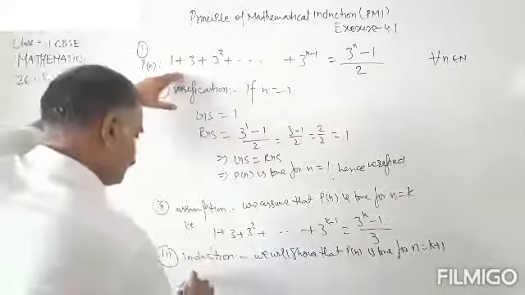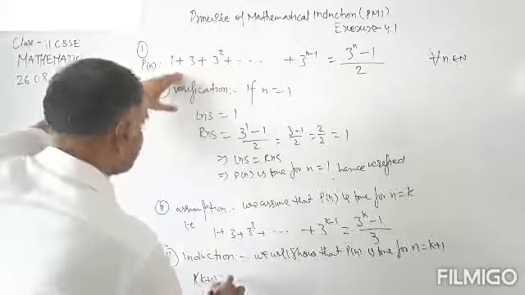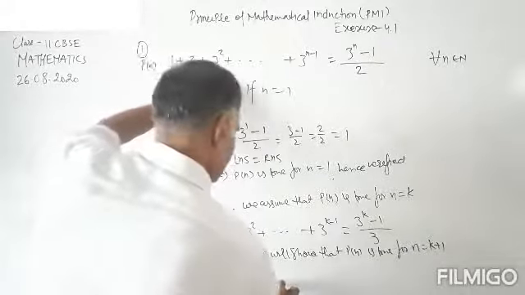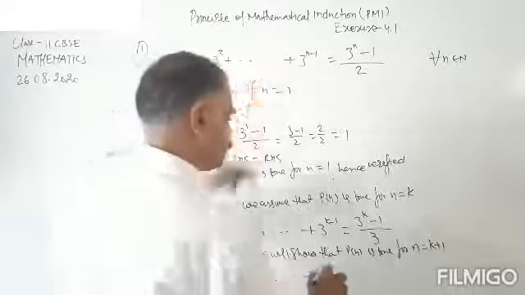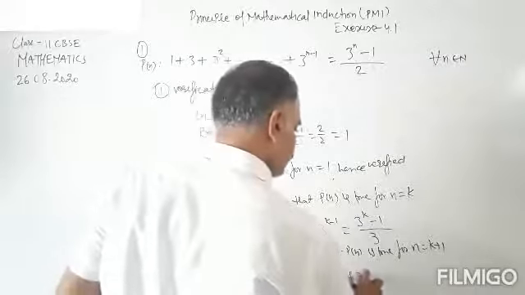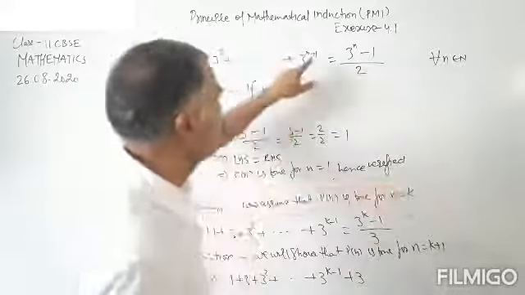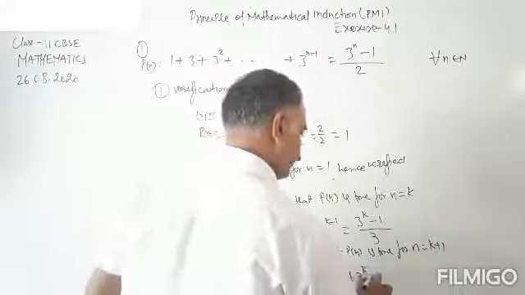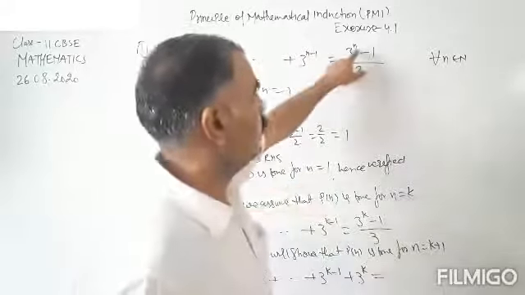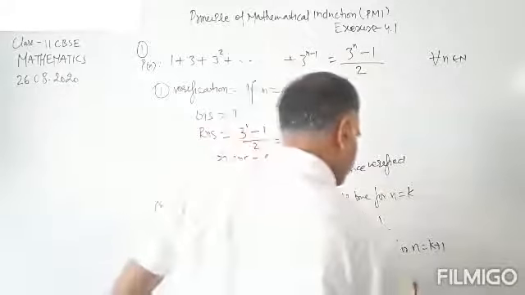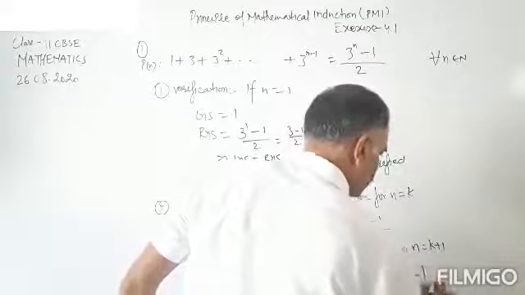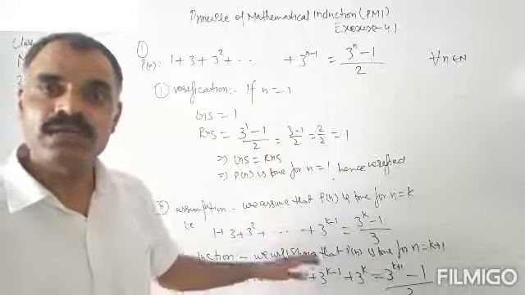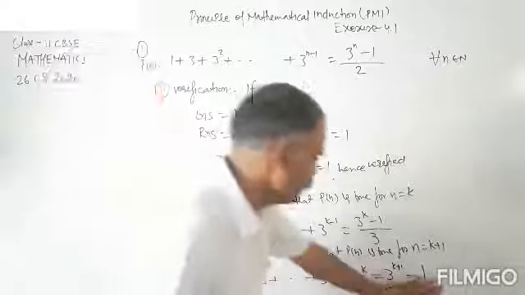So Pk plus 1 is 1 plus 3 plus 3 square plus and so on plus 3 to the power k minus 1 plus 3 to the power k, which is equal to, putting n equals k plus 1, 3 to the power k plus 1 minus 1 upon 2. Okay, this is the statement for n equals k plus 1.